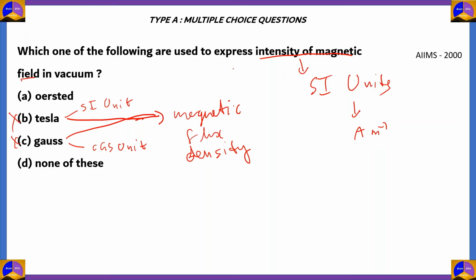The right answer, the unit which is used to express the intensity of magnetic field, is option A, Oersted. Oersted is the CGS unit for this quantity, intensity of magnetic field in vacuum, whose SI unit is ampere per meter. And since option A is correct, that makes option D incorrect.